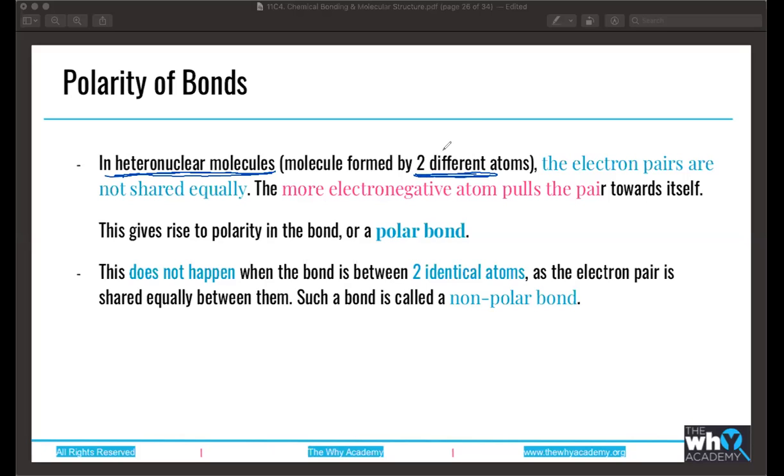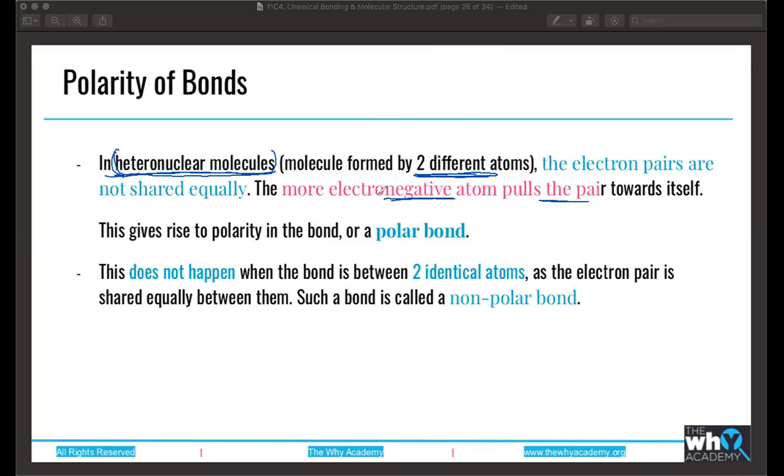So when you have two different atoms, the electron pairs are not shared equally. This is because the more electronegative atom pulls the pair of electrons towards itself. Now, why is it characteristic only in heteronuclear atoms? Why not in molecules formed by the same atoms? Electron pull is going to be equal there because electronegativity is not going to change. Exactly.